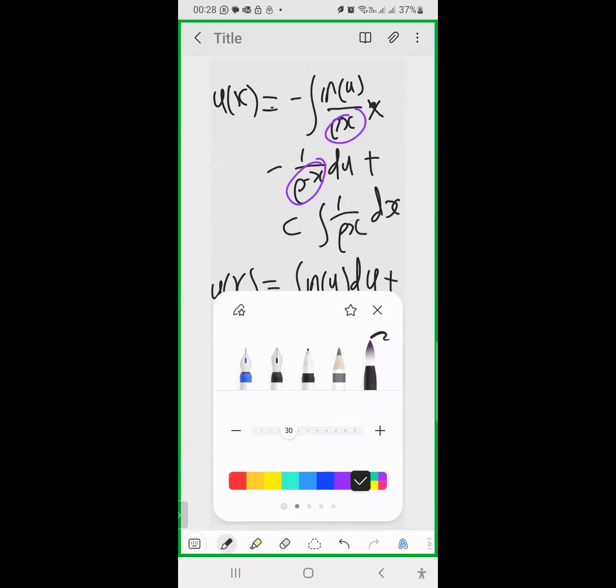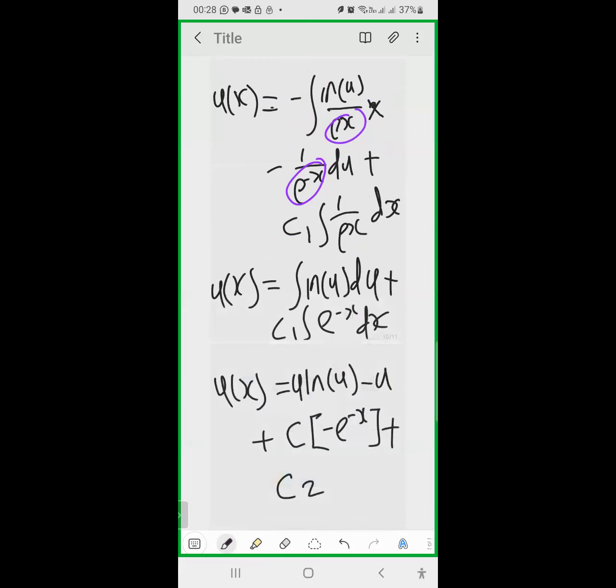This is constant c1. Even here, this is c1. Now plus c2. Then from here, we can then substitute our u.